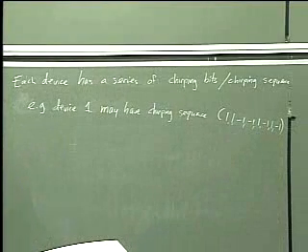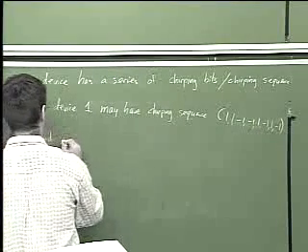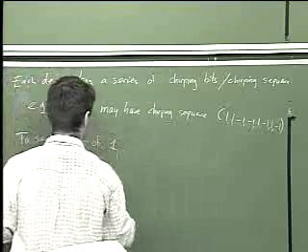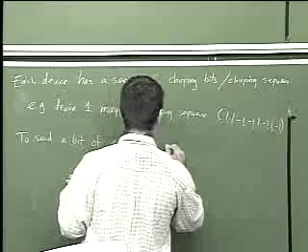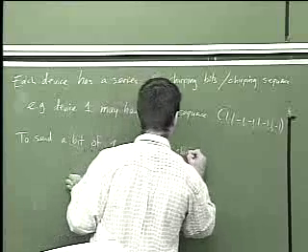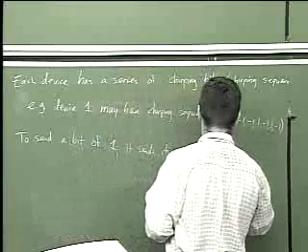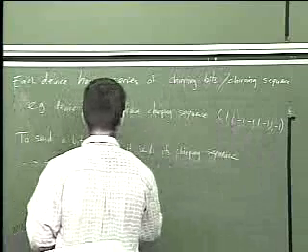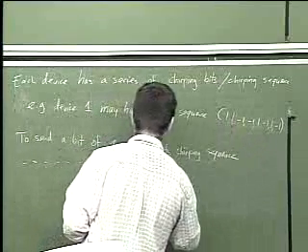To send a bit of 1, it sends its chirping sequence. And to send a bit of minus 1, it sends its negated chirping sequence.